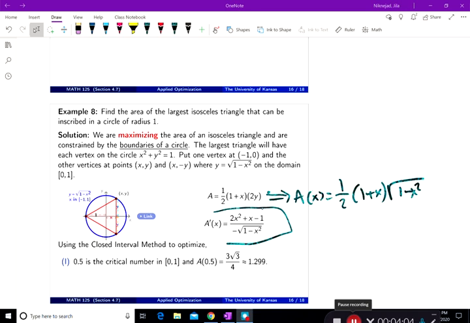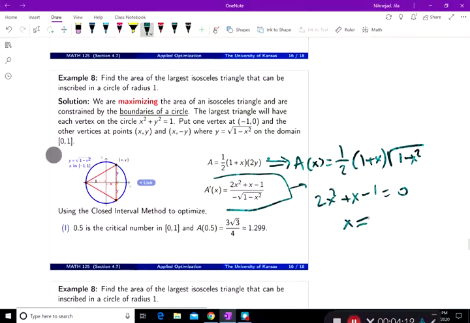So let's figure out what are the critical numbers that I care for in here. I have to solve 2x squared plus x minus 1 equal to 0, and then from here I get x equal to negative 1 plus or minus the square root of 1 plus 2 times 4, which is 8, divided by 4.